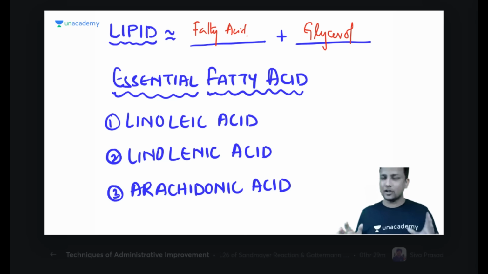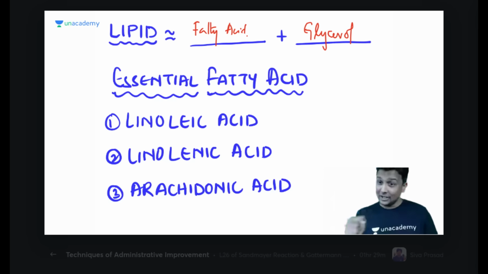And now welcome to fatty acid. Classification of fatty acid. In the classification of fatty acid, my dear friends, there is one classification based on nutritional requirement. Essential fatty acids are not produced in my body and I essentially require them in diet.